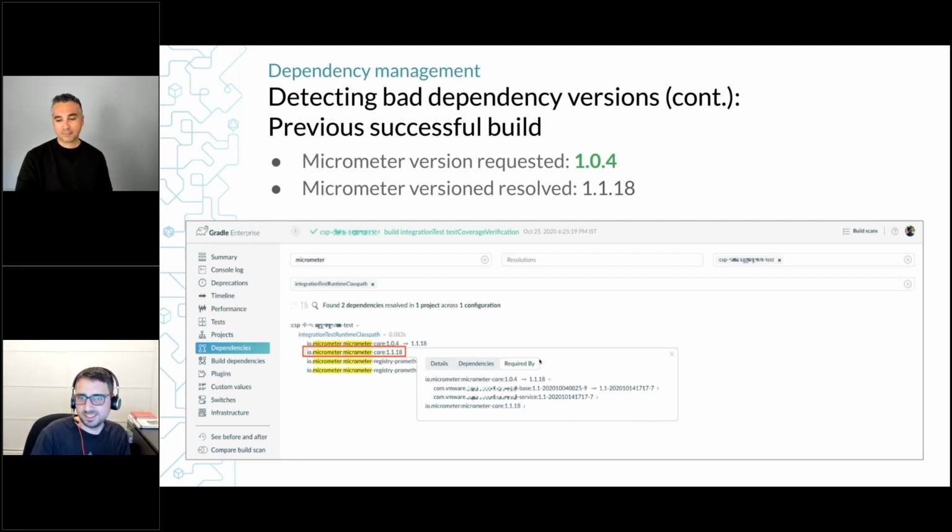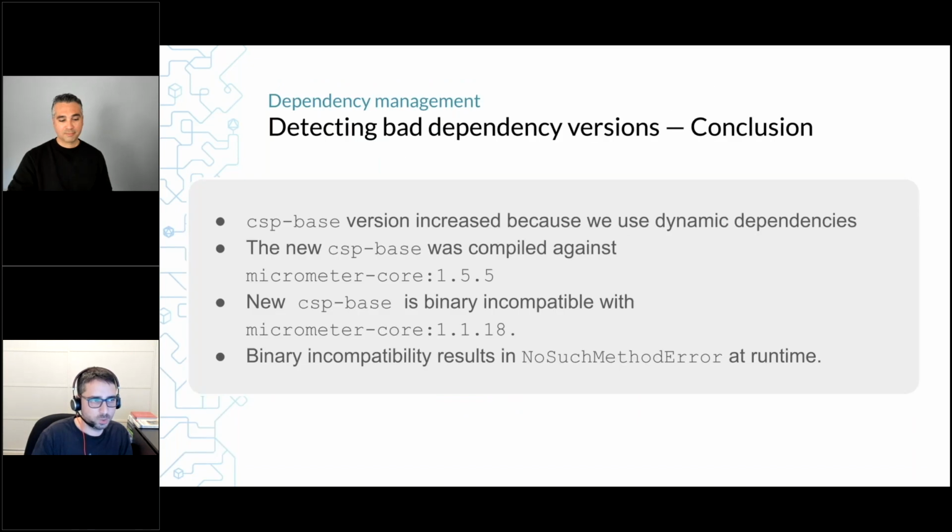So again, this is a pretty complex issue, but I could debug everything just by looking at the UI and understand everything in about 20 minutes without trying to reproduce the problem. And you can see the conclusion. What was happening here is that our code was compiling against an older version of Micrometer, version 1.0.4, which was still compatible with 1.1.18.